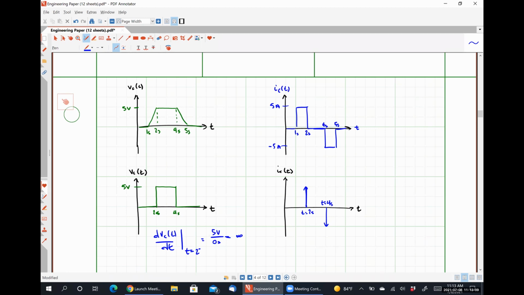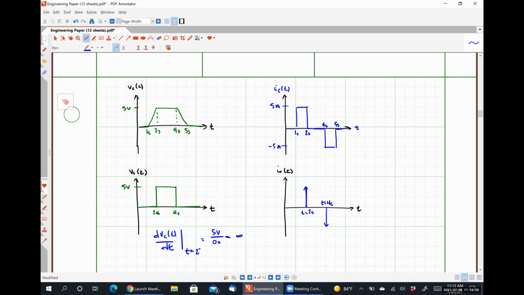Okay, so is it possible for us to have an infinitely large current? I would think not. Right.